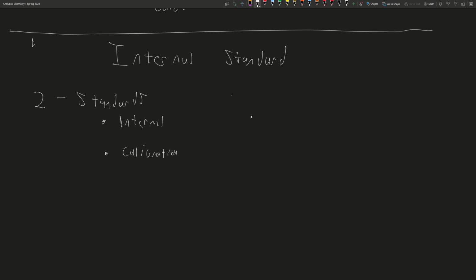And the calibration is very similar to what we talked about last time. The difference is this internal standard. So this internal standard is added to analyte, say sample, and calibration standards.